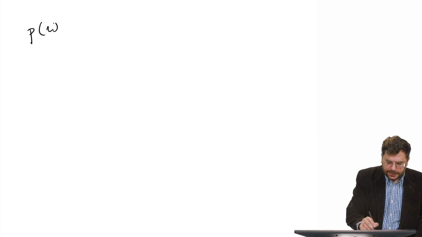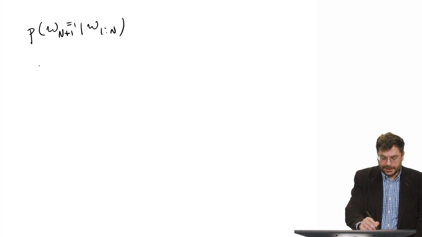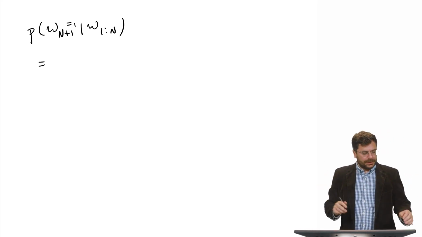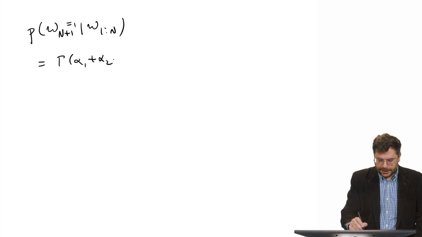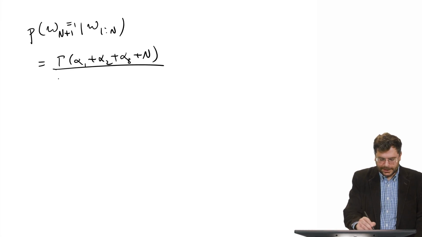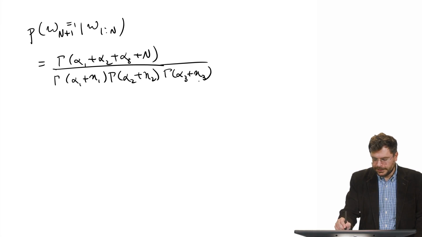So what we have is p of w n plus 1 equals 1 given w 1 to n. And we know that that is going to be equal to the product of the original normalization that we had, gamma of alpha 1 plus alpha 2 plus alpha 3 plus n divided by gamma of alpha 1 plus n1 multiplied by gamma of alpha 2 plus n2 multiplied by gamma of alpha 3 plus n3.